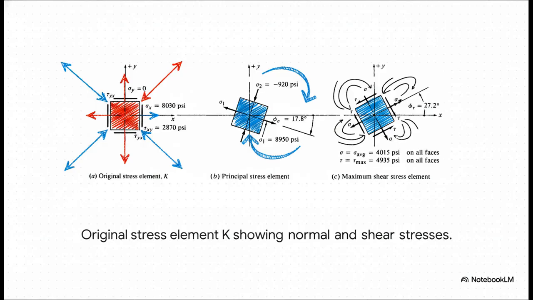So we can conveniently analyze the whole thing in 2D. You've got your normal stresses, say a sigma x pulling horizontally at 8030 psi, while your sigma y is just 0. And then you have the shear stresses, your tau xy, sliding right along those outer edges. This little square is the absolute foundational starting point for all the analysis we're about to do.